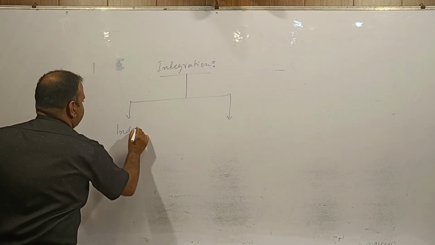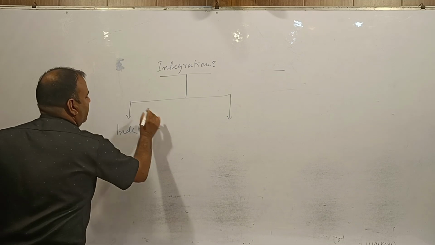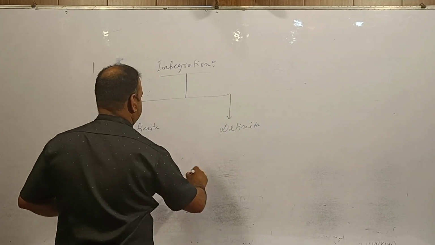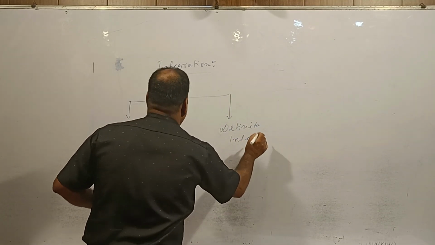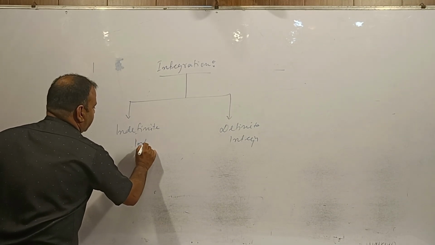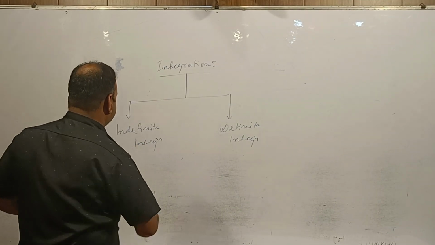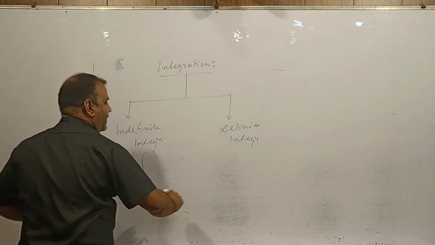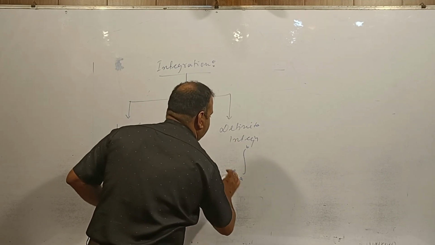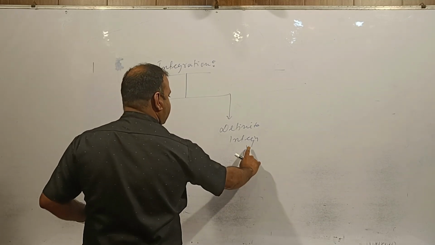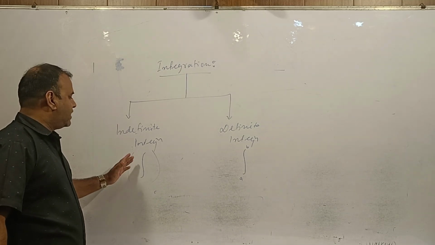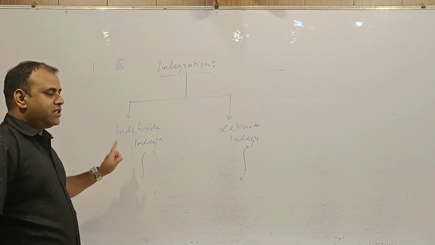Indefinite integration is represented by this symbol, and definite integration is represented with an upper limit and a lower limit. This is called the lower limit, this is called the upper limit. You remember, in case of indefinite integration there is no limit. Simply the integration symbol is given.